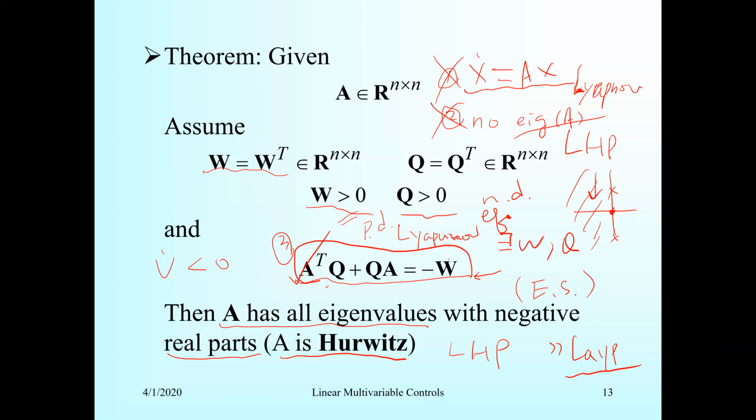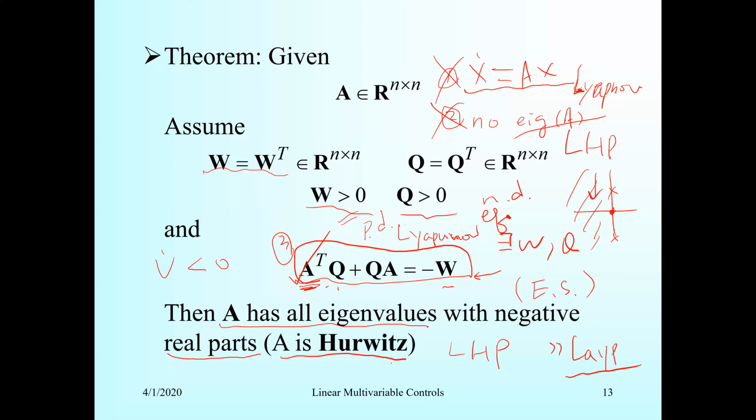You give a W, and it gets you a Q. So you give W that is positive definite, and then after you solve for Q, you check whether Q is positive definite. If yes, then I can tell that the A matrix is Hurwitz, all eigenvalues with negative real parts.